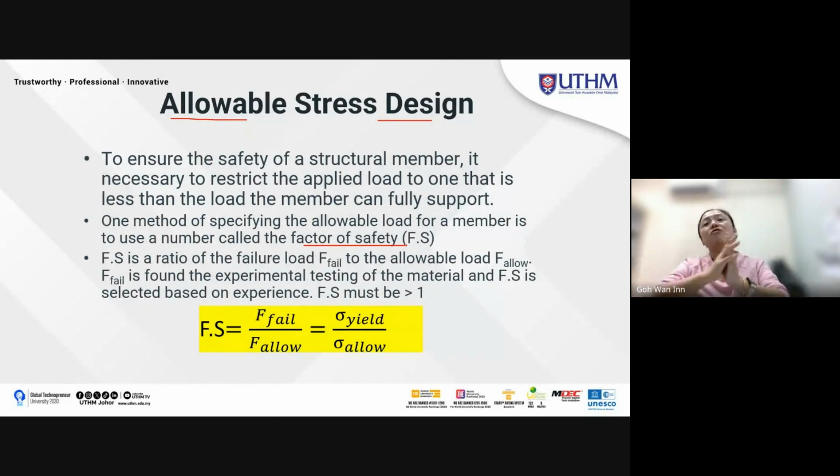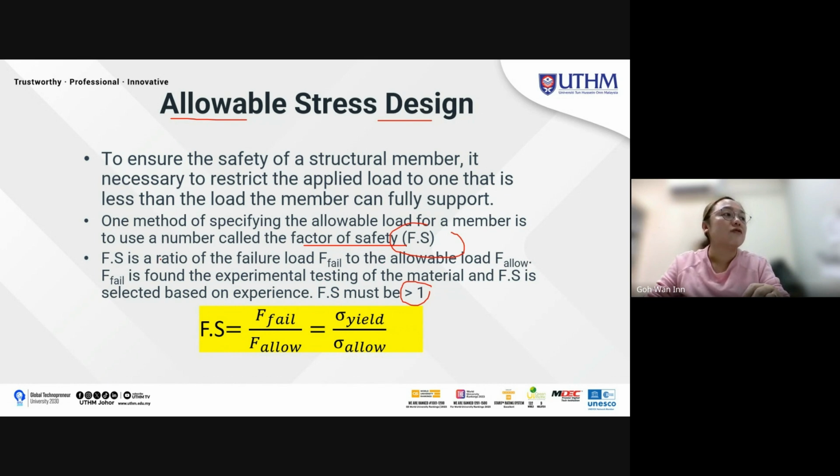Of course, when you are constructing a house, a bridge, or buildings, you cannot design it without the safety factor. We must put some factor on it. Normally it must be greater than 1, meaning the design stress must be higher than the needed one.